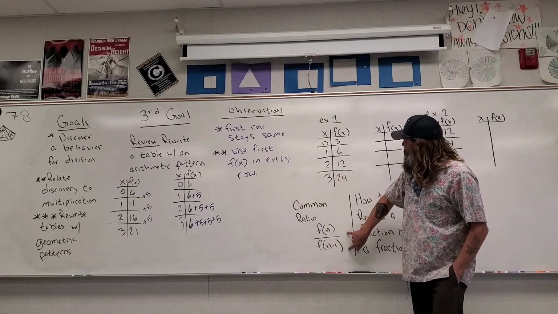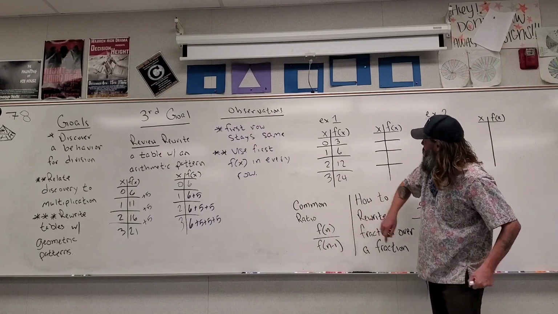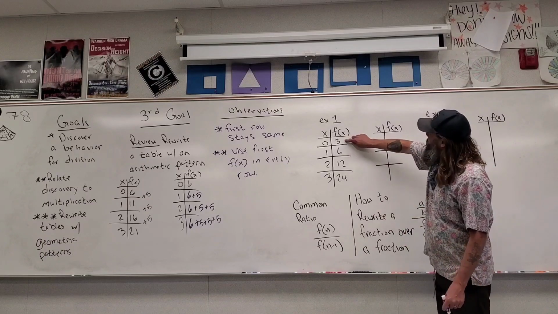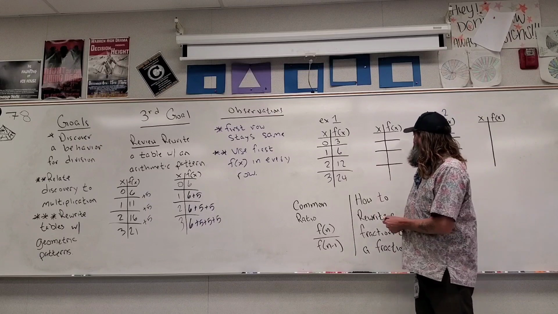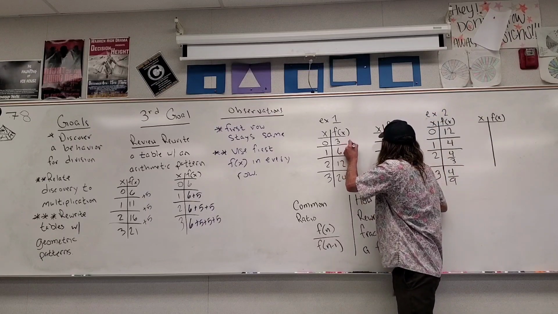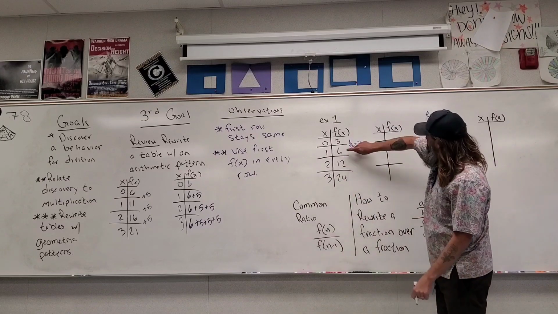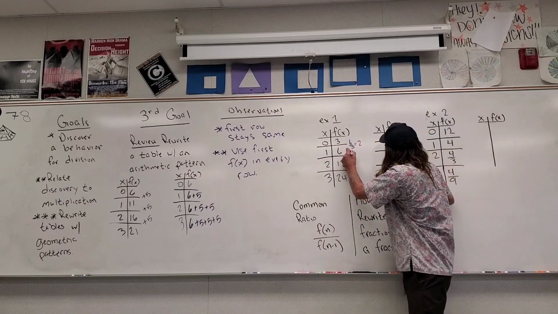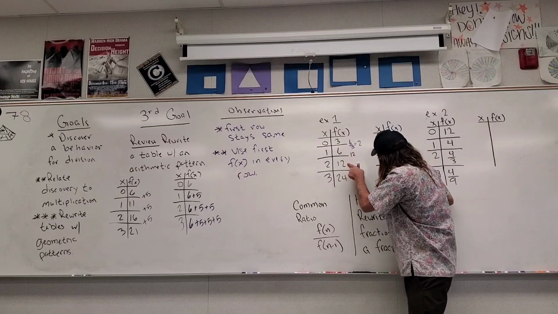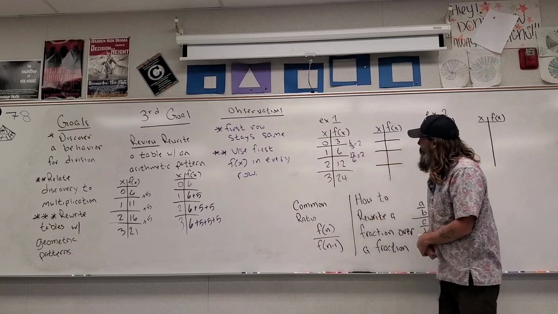And let's first find our common ratio. So the common ratio would be the next term divided by the previous. So the ratio from row 0 to row 1 would be 6 over 3, and that's equal to 2. To go from row 1 to row 2, it will be the next divided by the previous, 12 over 6, that is 2.